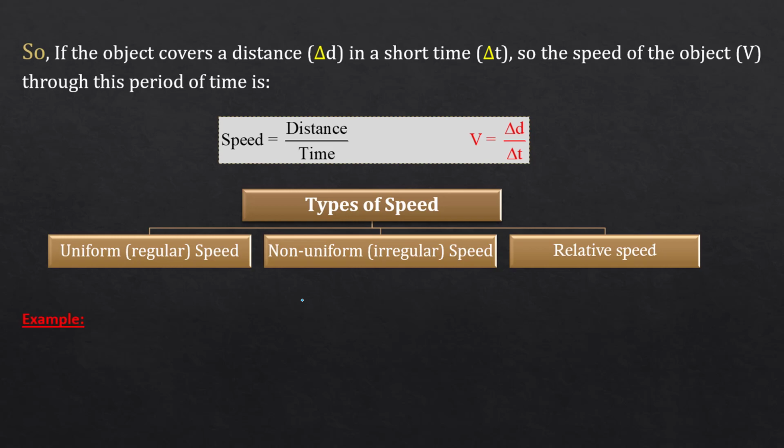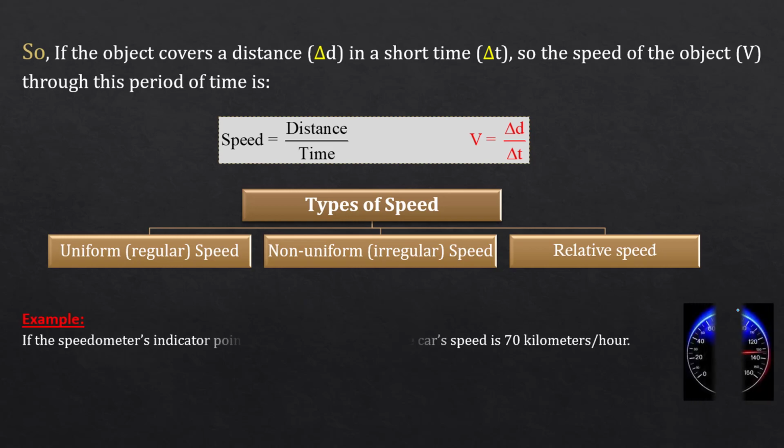Okay, there is an example here, the speedometer. Look at here. The speedometer is an equipment or a tool that we use to measure the speed of the car. So if the speedometer reads 70, it means the car speed is 70 kilometers. Okay, we have two cases.